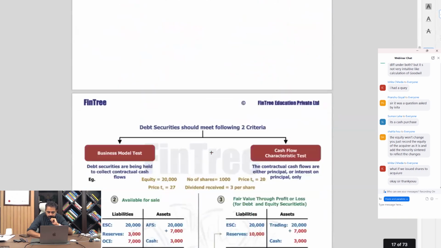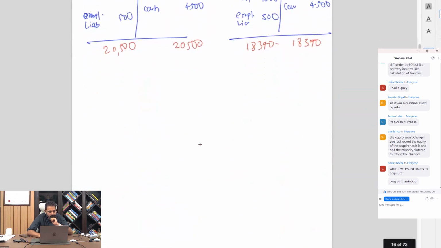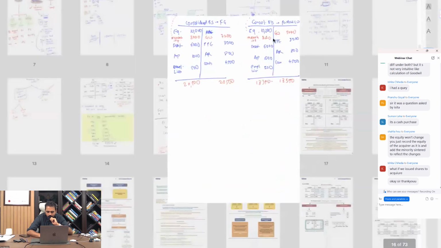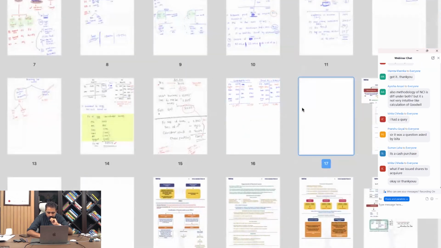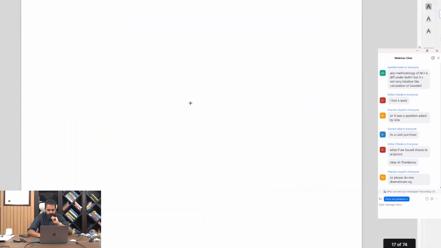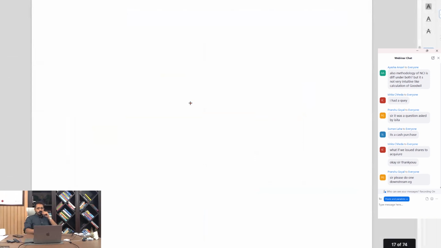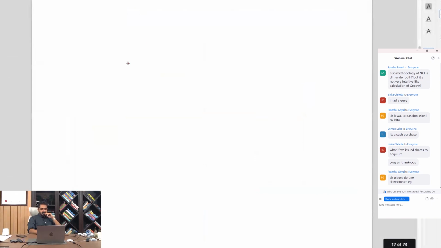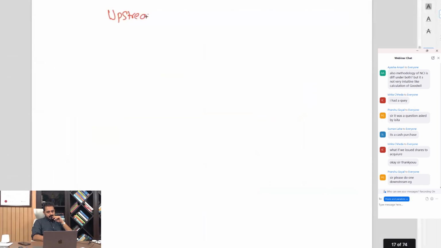All right. Okay. This is done. Now there is just one more small calculation left that I need to do on this whole thing, the upstream and downstream calculation.